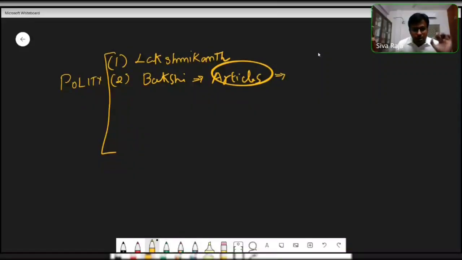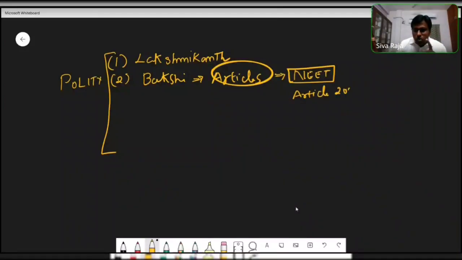For example, take the NEET issue which is going on. In the NEET issue, it is about whether the governor should sign the bill that has been sent or not. This issue will be in Lakshmikant, well and good. But what I would suggest is that you just have a look at Article 200.